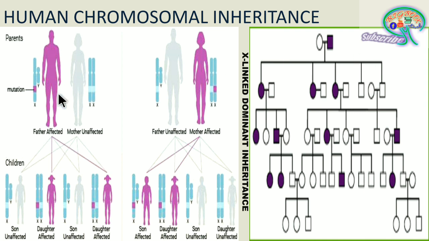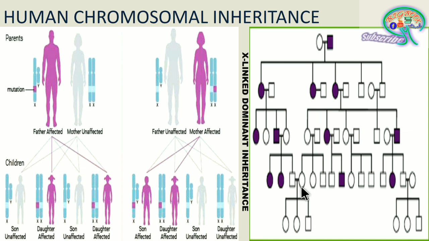A single dominant gene is sufficient for the inheritance. Males and females are equally likely to inherit the gene, and there is a 50% chance of inheritance of the dominant gene, and there is no skip of generation.